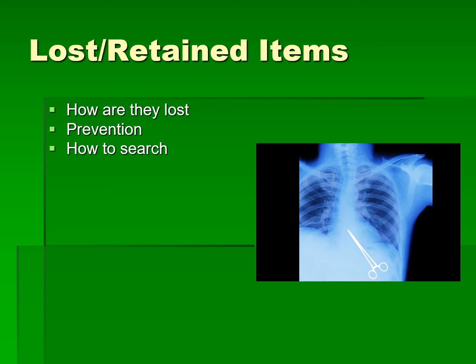So how do we lose items? How are they lost? Well, it could be that the procedure was very long and there were multiple changes throughout the procedure. Items can get lost that way, right? Multiple scrubs coming in, multiple nurses coming in and out, high turnover, all right?